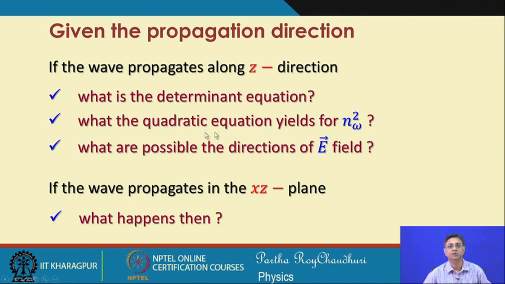Then we will look at the quadratic equation which results from this determinant, and the solution of the quadratic equation, that is the two values of n omega, the wave refractive indices. Then knowing that, we will see how we can extract the electric field direction from there. And thereafter we will also discuss the case of the wave propagating along the z x direction.